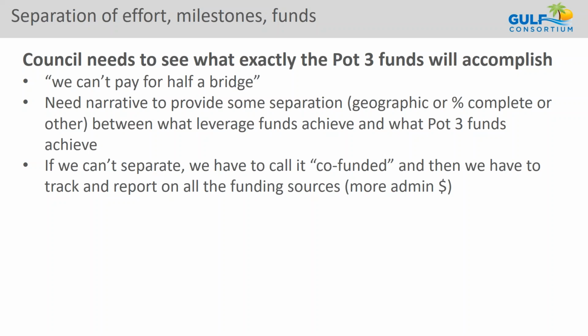So the Gulf Consortium would have to report on the FDEP funds or some kind of water management district funds. We'd have to do financial and performance reporting on that, as well as on the Restore fund. It just adds overhead costs. So if we can avoid that, we can't always avoid it probably, but if we can, we should.